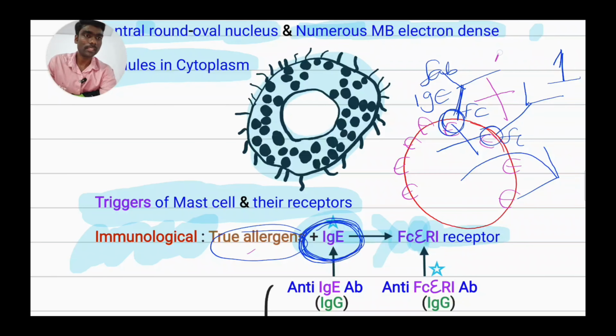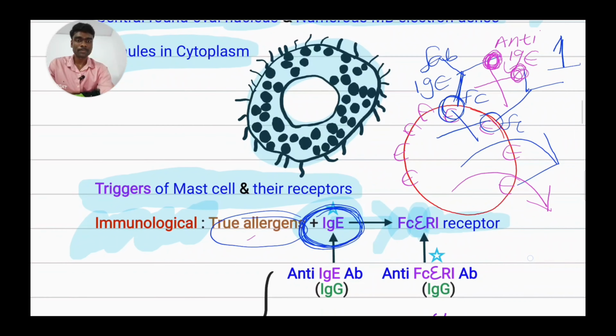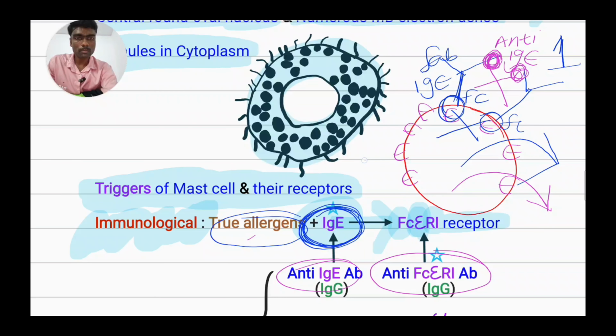This anti-IgE antibody will bind to two adjacent IgE antibodies at their Fab end, and the same story continues, leading to activation of the mast cell and release of its mediators. Similarly, anti-Fc epsilon R1 antibody binds to two adjacent epsilon receptors, leading to cross-linking of these two receptors and activation of the mast cell.